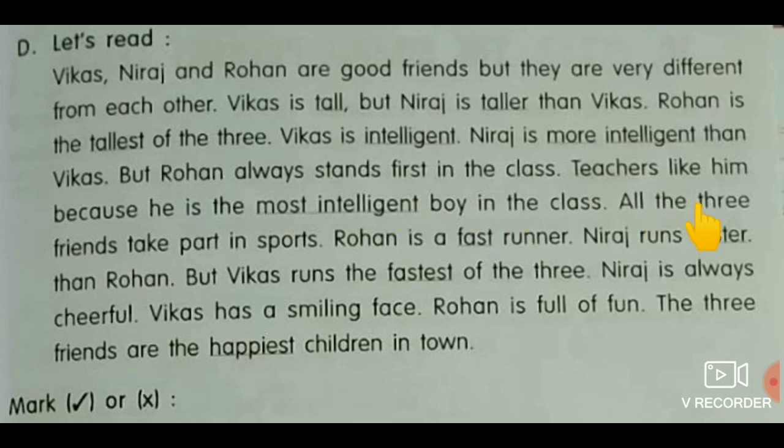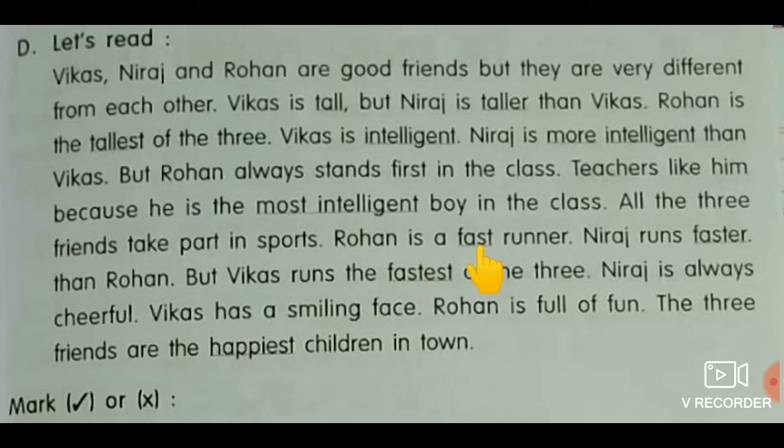Understood? All three friends take part in sports. So these people all take part in sports also, children. Rohan is a fast runner. Very good. Neeraj runs faster than Rohan. But Vikas runs the fastest of the three. Here observe fast, faster and fastest.